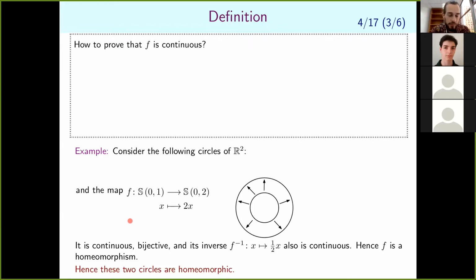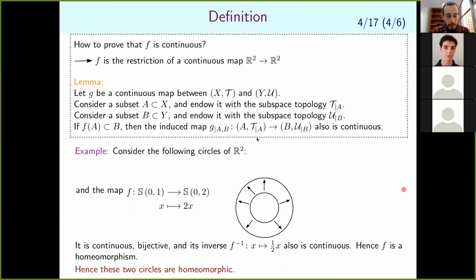And so why is it really continuous? You have to check that the preimage of every open set of this circle is an open set of this one. So let me give you a lemma that allows us to prove that in generality. If you have a restriction of a continuous map, then it is continuous.